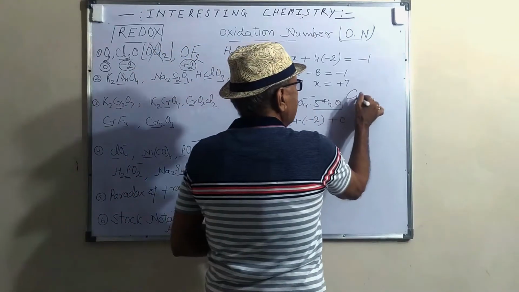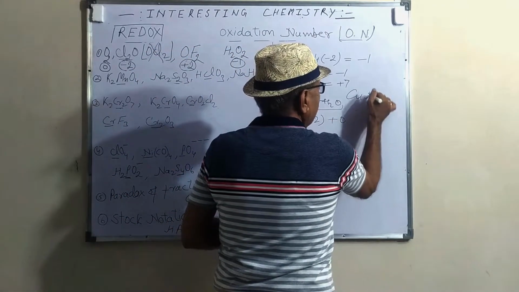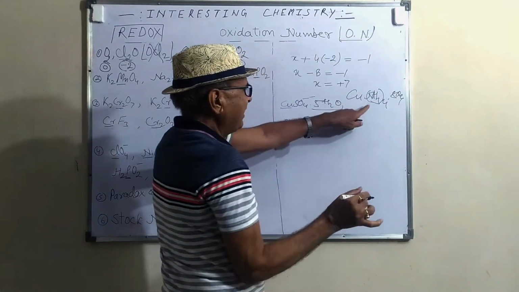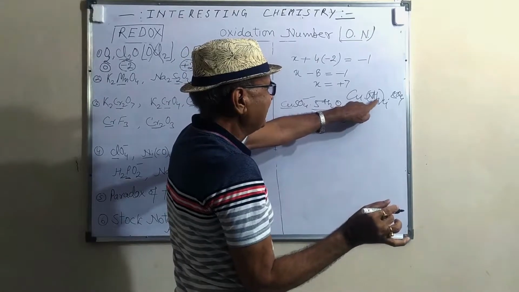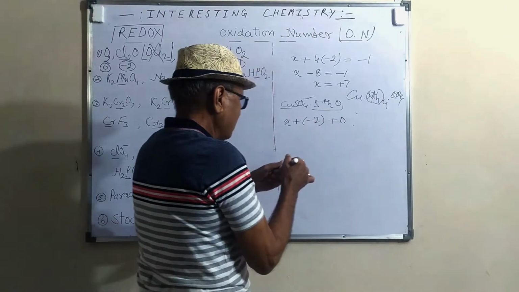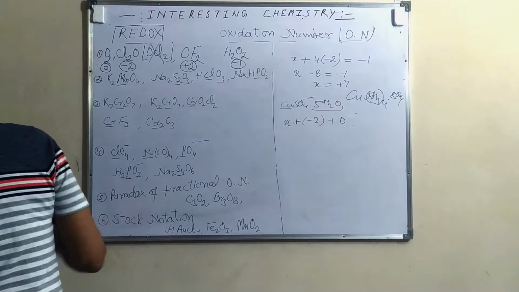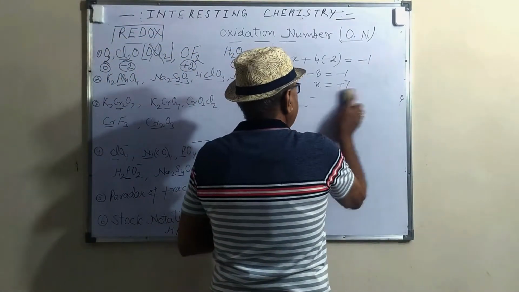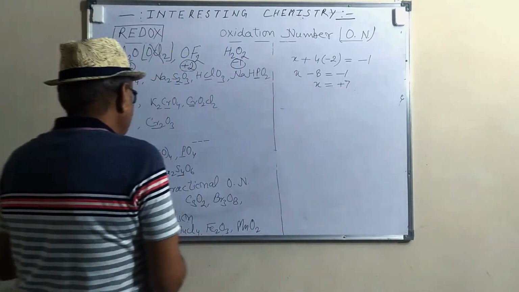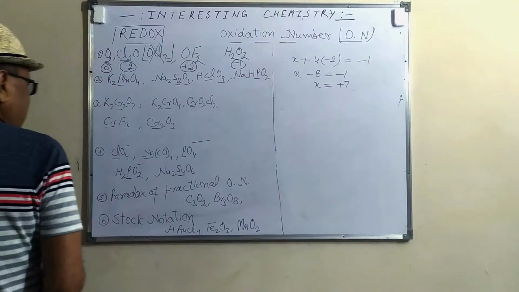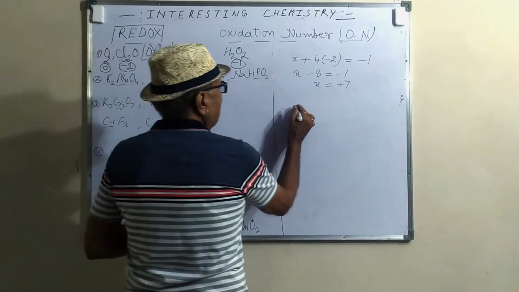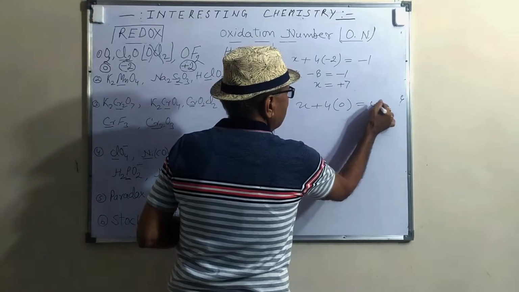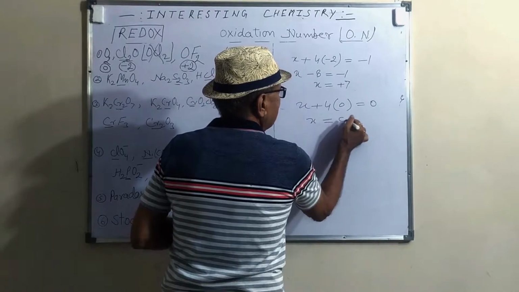Suppose there is Cu(NH3)4SO4, here NH3 is an addition, so you write 0 for (NH3)4. In this way, in Ni(CO)4, CO will be considered as 0. So the oxidation number X plus 4 into 0 is equal to 0, and X is equal to 0.